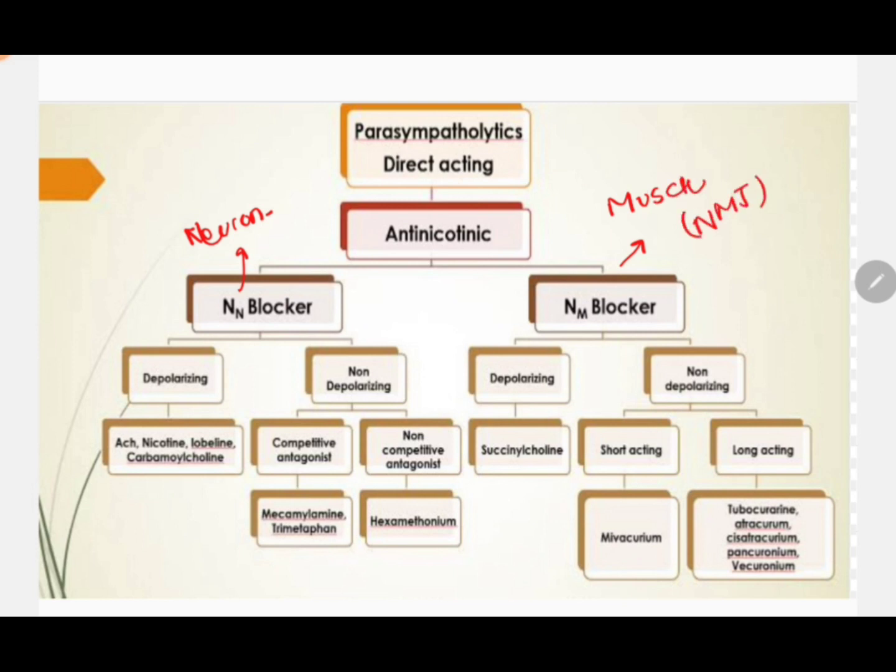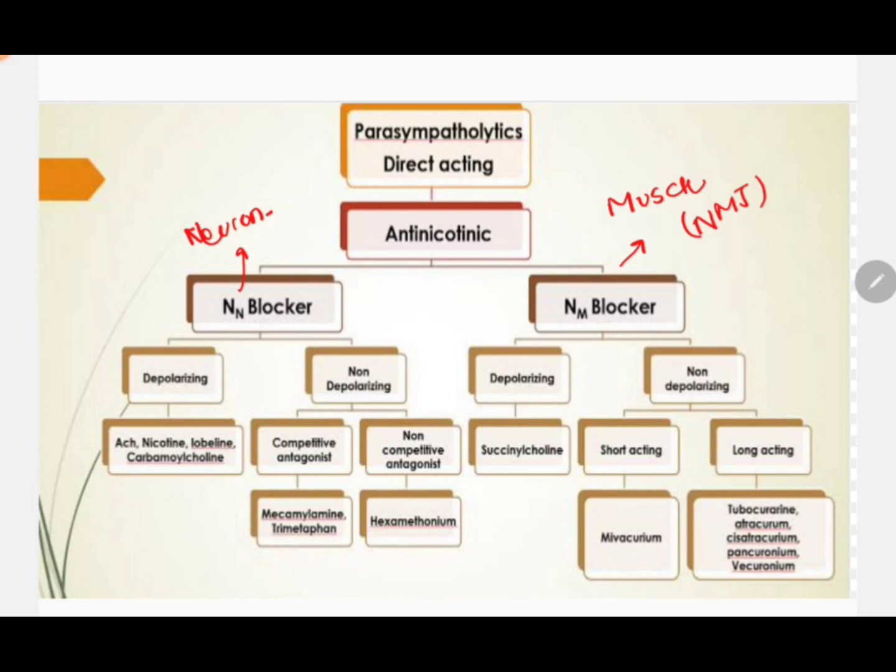So the classification of antinicotinic drugs is also based on the kind of receptor. We have an N blocker and an M blocker. Both are classified into depolarizing and non-depolarizing. In the depolarizing, we have nicotine, lobeline and carbamylcholine. And in the non-depolarizing, we have trimethaphan, mecamylamine, and hexamethonium.